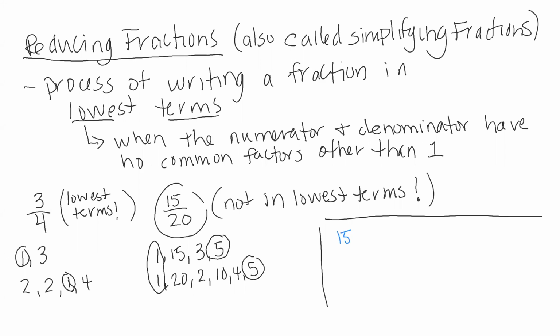We have 15/20. We have already decided that 5 is the GCF, so we could easily divide 15 and 20 by 5. Well, 15 divided by 5 is 3. 20 divided by 5 is 4. And look at what we get. We get 3/4. And we know from this example over here that 3/4 is definitely in lowest terms.